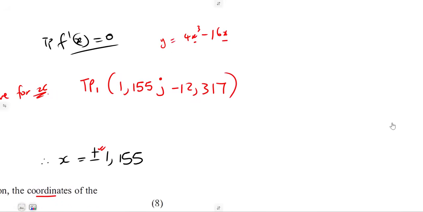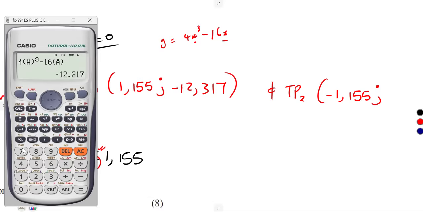You do the same thing, guys. Substitute properly the value of x this time, which is negative 1.155. When x is negative 1.155, that is going to give us the value of y. I'm just going to store that first, so I store negative 1.155 to a.